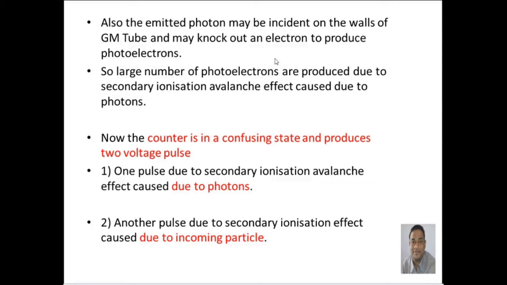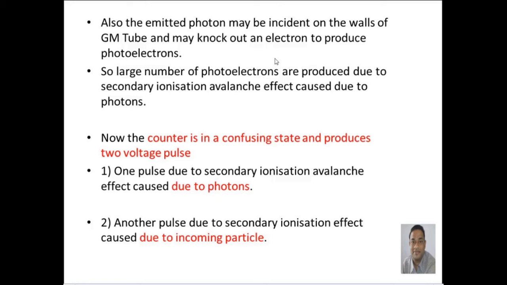So after some time, a large number of photoelectrons are produced due to the secondary ionization avalanche effect caused by the photons. Now the counter goes into a confused state and it produces two voltage pulses.